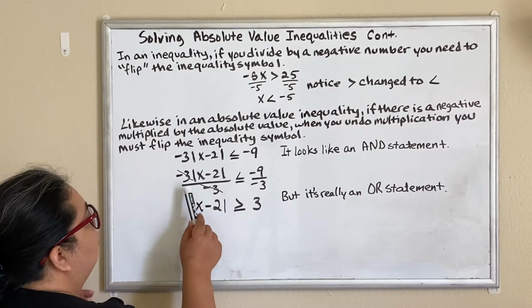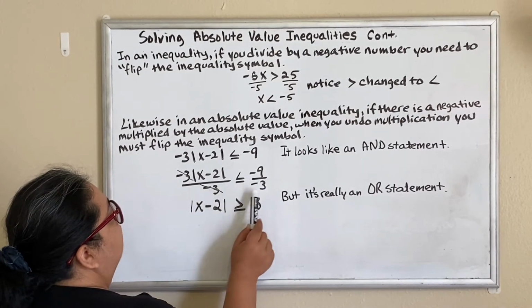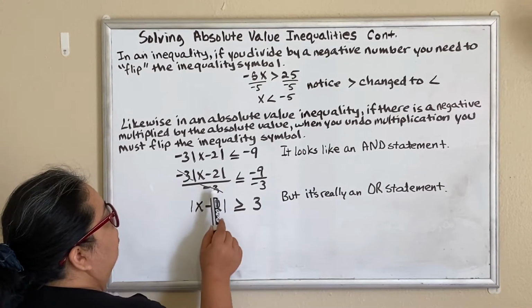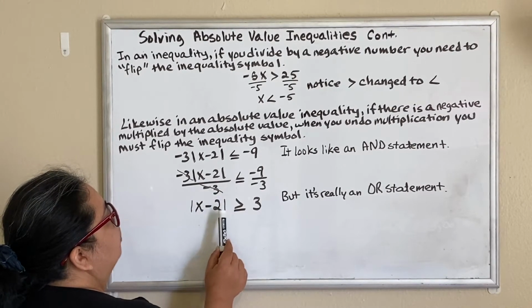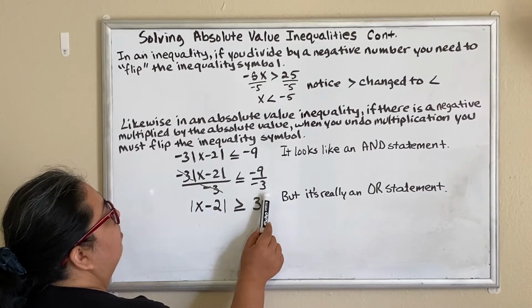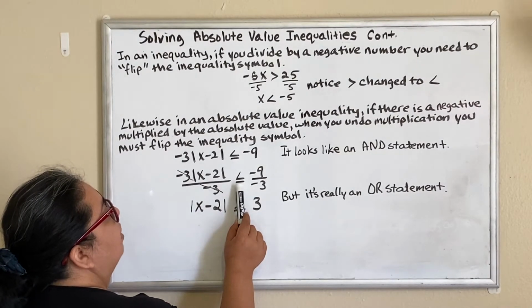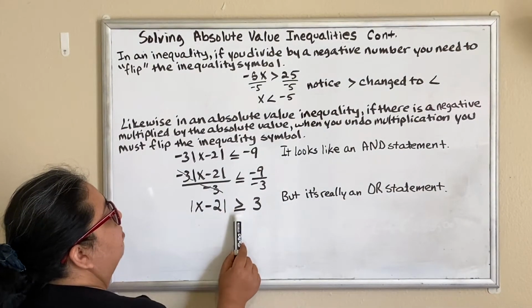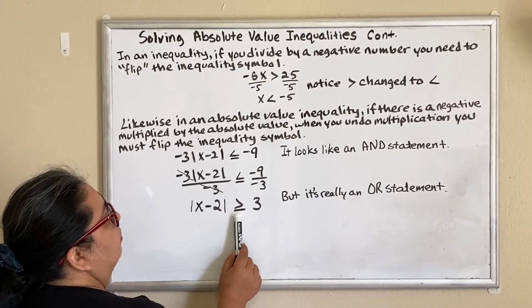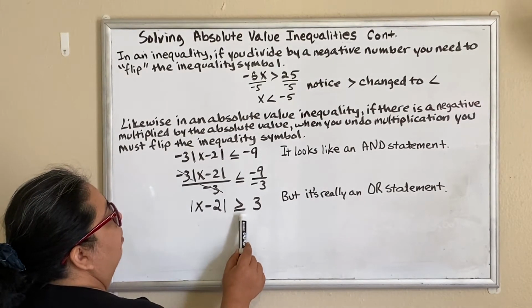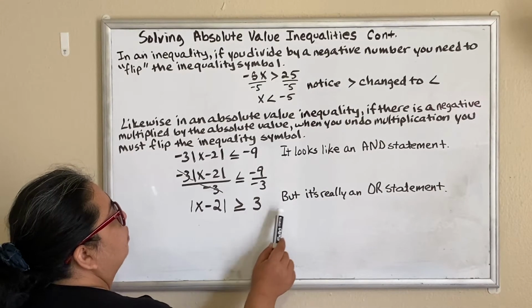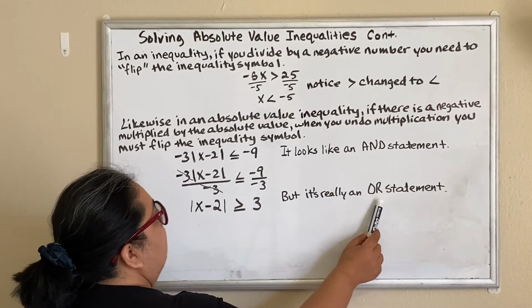However, when we divide by the negative 3 on both sides, that eliminates the negative 3, so we're left with absolute value of x minus 2, but when we divided by that negative 3, the less than or equal to symbol flipped to a greater than or equal to symbol, so we get the absolute value of x minus 2 is greater than or equal to 3. So it's really an or statement.